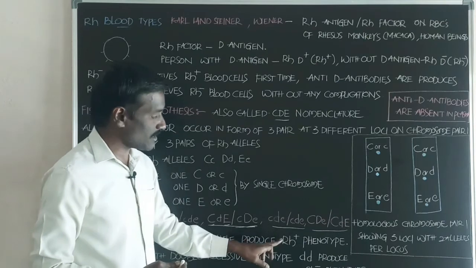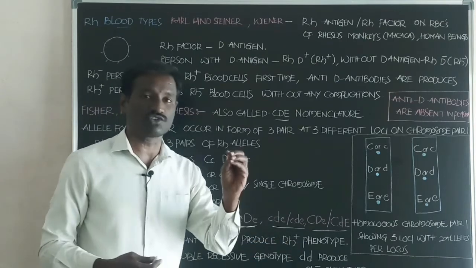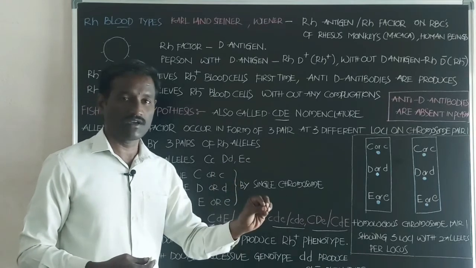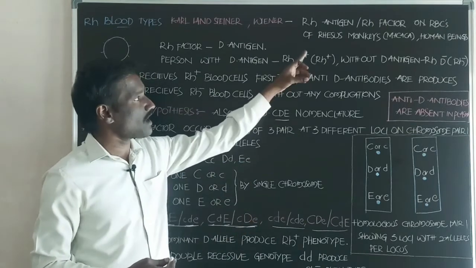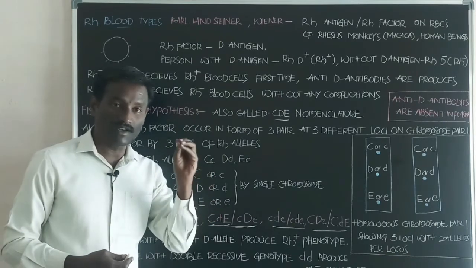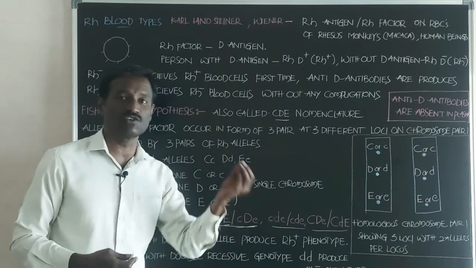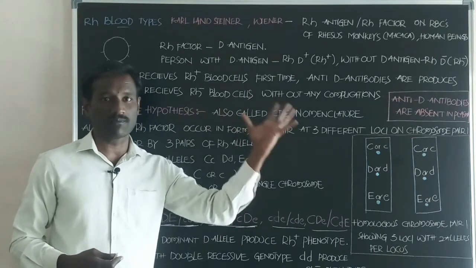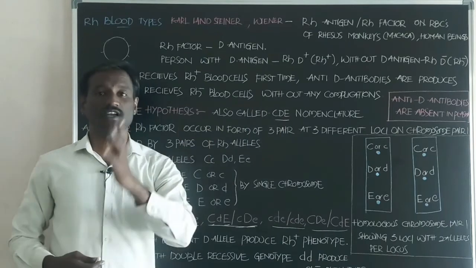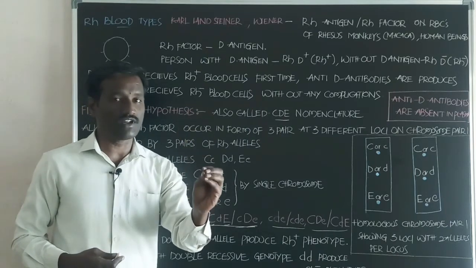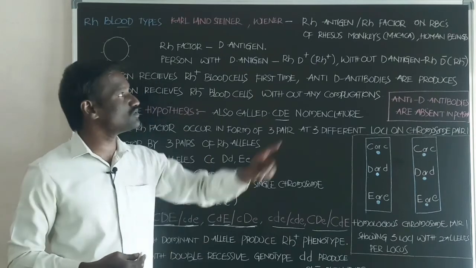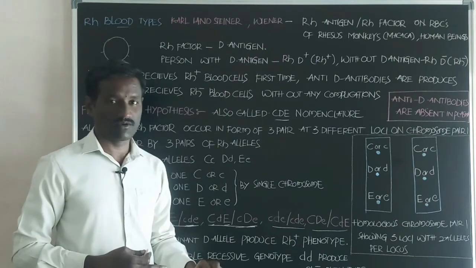That causes the production of the Rh positive phenotype, the appearance of the Rh antigen, the Rh factor. Any one capital D received by the individual from the parents, inherited from the parents to the next generation, is the individual that shows the Rh antigen.